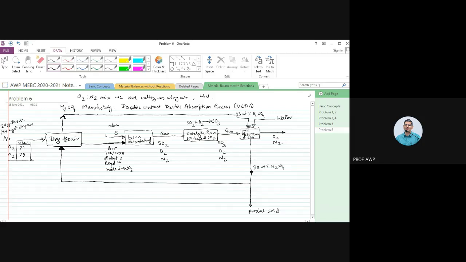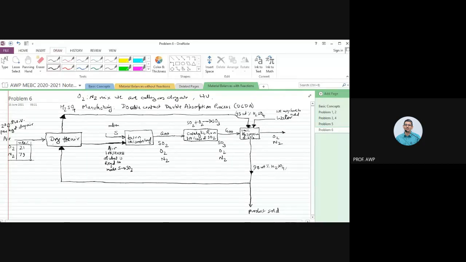It becomes, let's say, 93% by weight sulfuric acid, which we send back to the absorption tower. Got it. But the amount of water that it picks up may not absorb all the SO3 gas from here, so we may need extra water. Thank you, sir. Okay, shall we go forward?